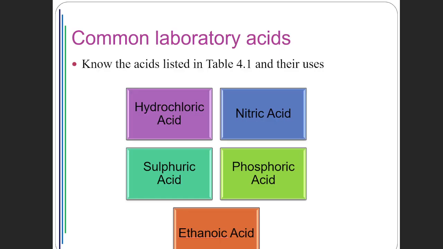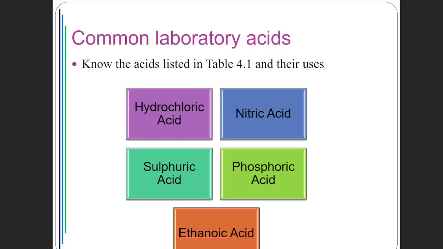Now that you know that there are some everyday food substances that contain acids, let's talk about the acids we will find in a lab, such as a chemistry lab. On the slide, you're going to see names of some of these acids. You should take these down and know the names of the acids.